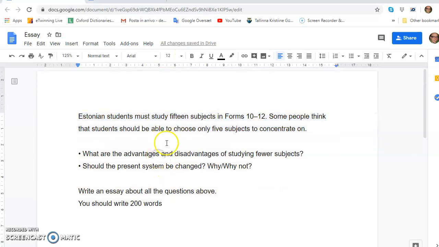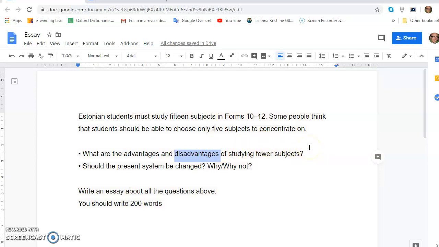However, please mind that this is a complex question because it does not take into account just one type of opinion, but in this case, two of them, because you have to talk about advantages and also disadvantages, so positive and negative aspects of studying fewer subjects. Personally, I would recommend creating two paragraphs here. First paragraph about advantages and second paragraph about disadvantages.